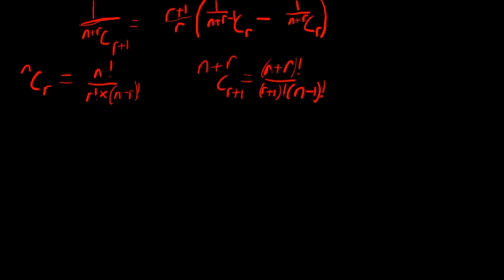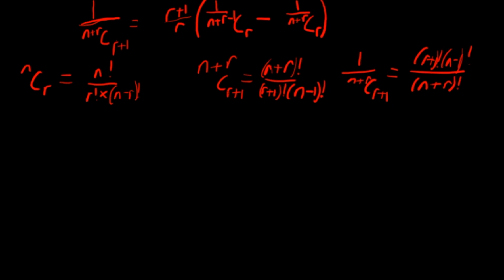And so the reciprocal of this, 1 over (n plus r) C (r plus 1), is equal to (r plus 1) factorial (n minus 1) factorial divided by (n plus r) factorial.